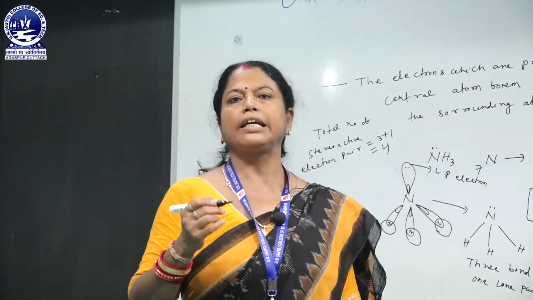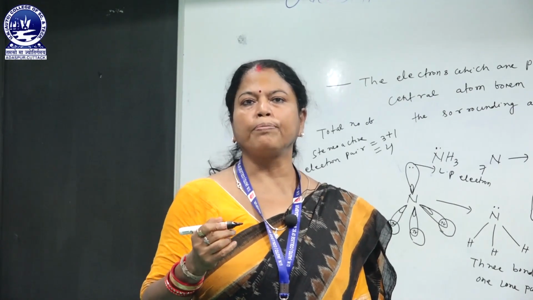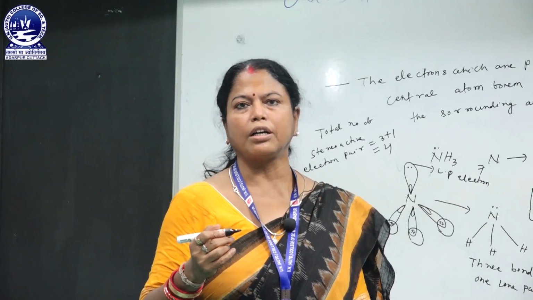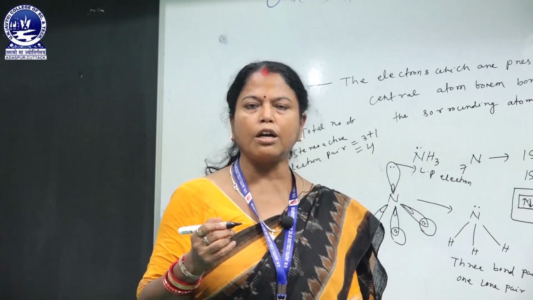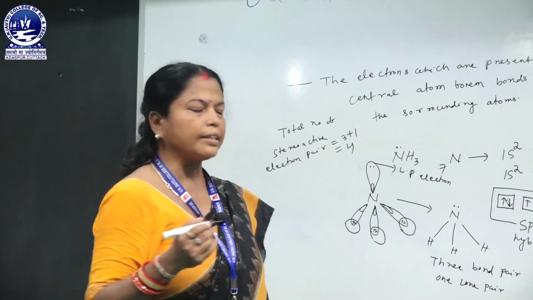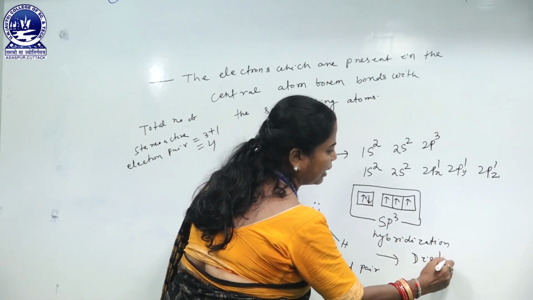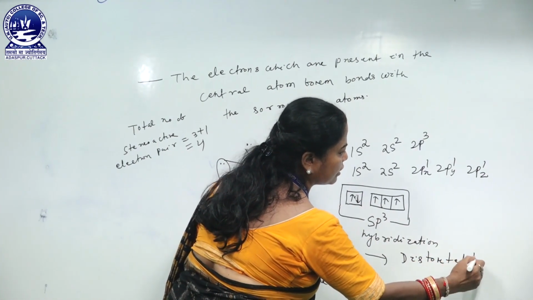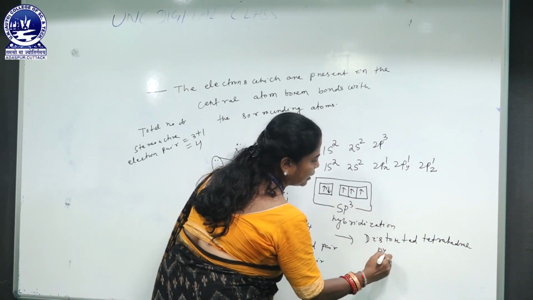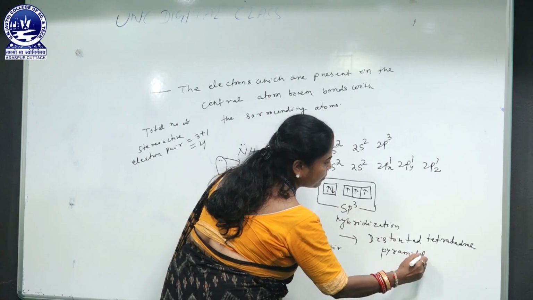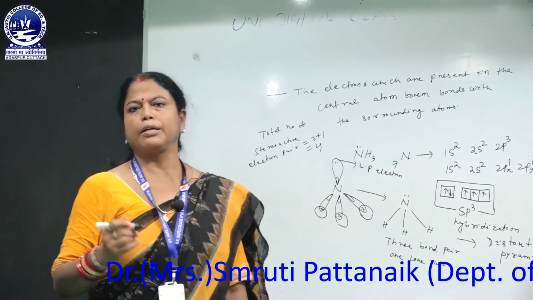In ammonia there is one lone pair and three bond pairs, so the structure becomes distorted tetrahedral, or in other words pyramidal. The structure is pyramidal on the basis of valence shell electron pair repulsion theory.